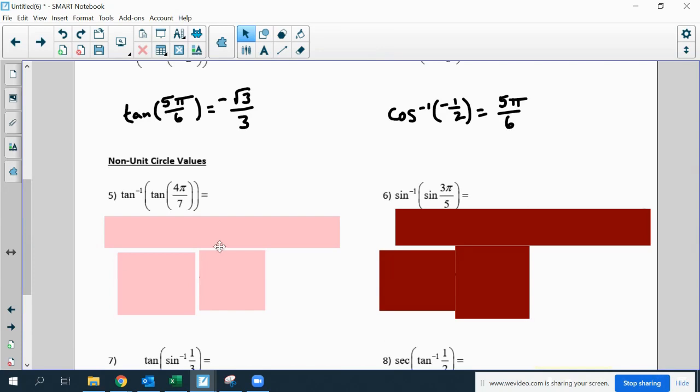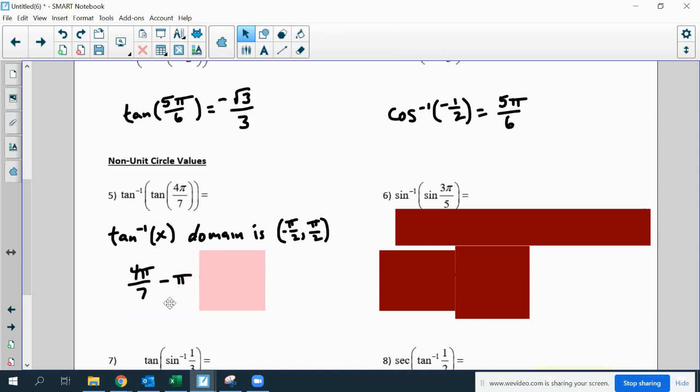Now for non-unit circle values, I basically have to figure out what's happening with the function. So arctangent's range is negative pi over 2 to pi over 2. So because of that, 4 pi over 7, which is bigger than pi halves, in order to understand what's happening here I have to figure out where I need to be.